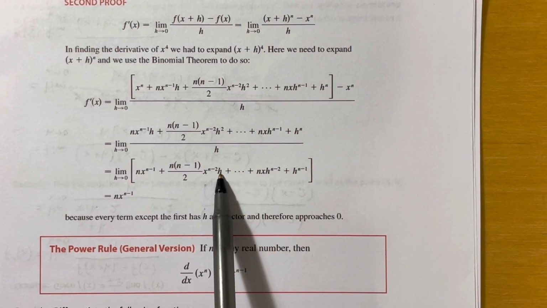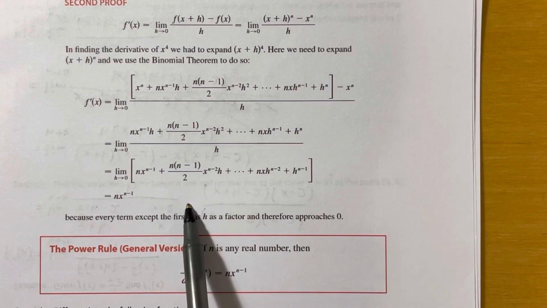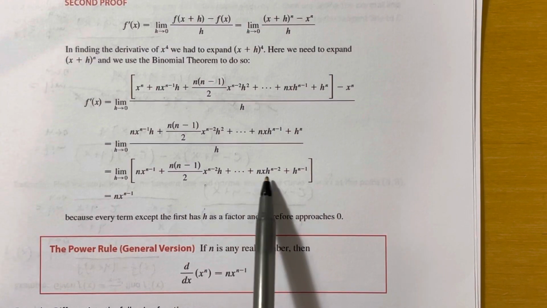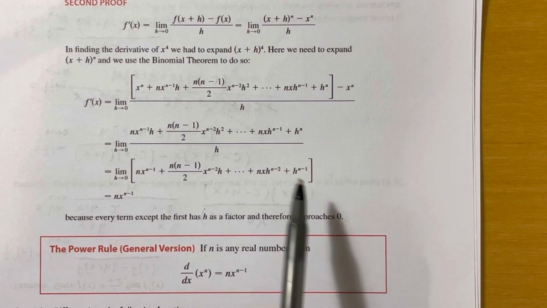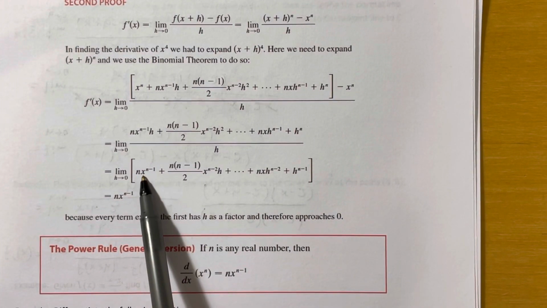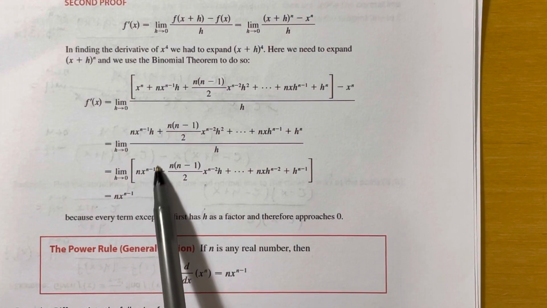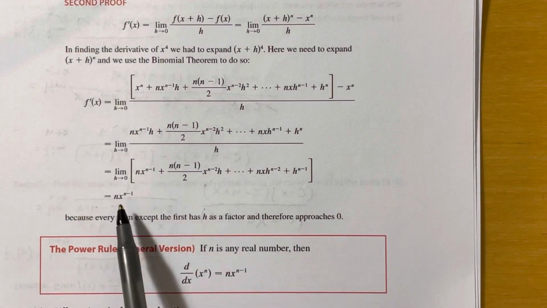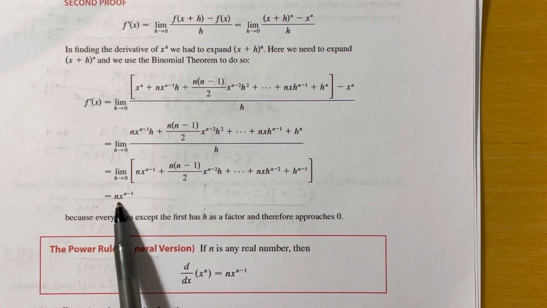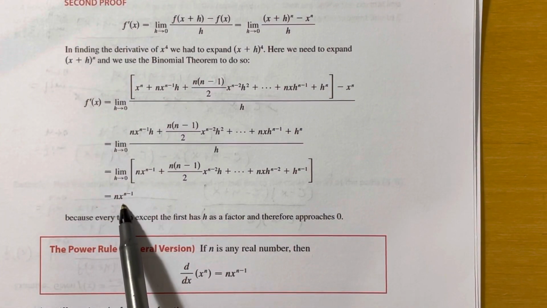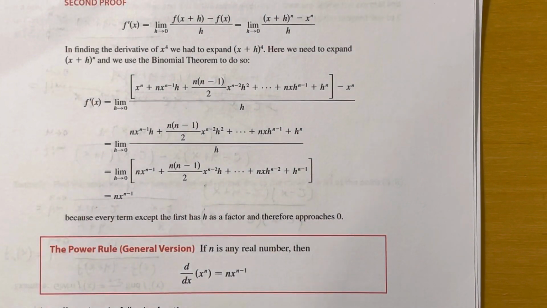So plugging a 0 in for this h will make that entire term go to 0. The next term in here will have an h in it. That term will go to 0. This term will go to 0 because there's an h there. And this term will go to 0 because there's an h there. So that means the n times x to the n minus 1 power is the only thing left after evaluating the limit. And that's what my power rule says. So that means we've proven what we set out to prove. F prime of x is equal to n times x to the n minus 1.